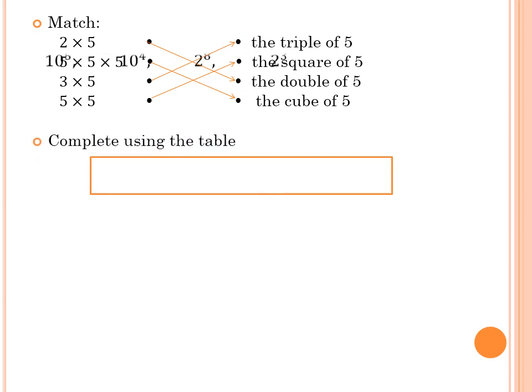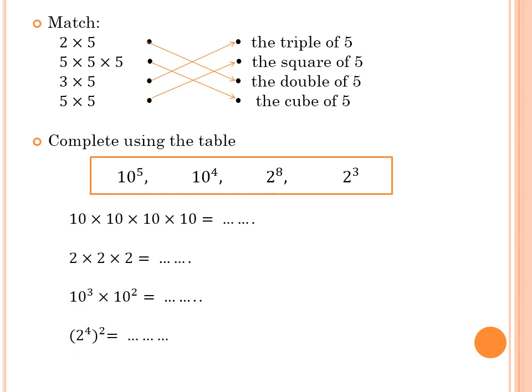Now let's complete using the table. Here are our options. Let's solve them. In the first line we have 10 times 10 times 10 times 10. It's a repeated multiplication. To abbreviate it, I have to write it as a power of 10. How many times?